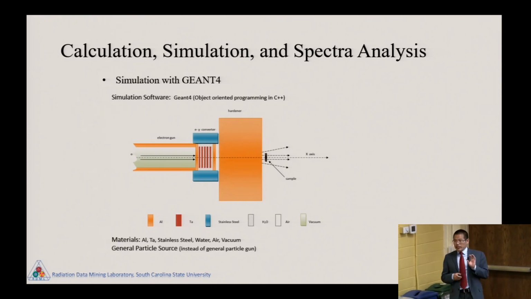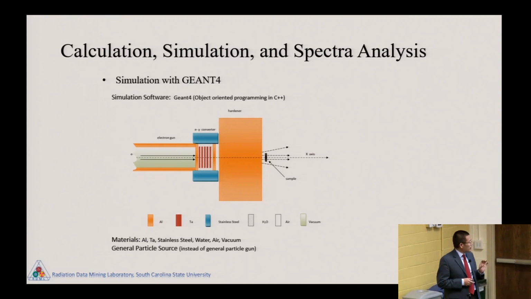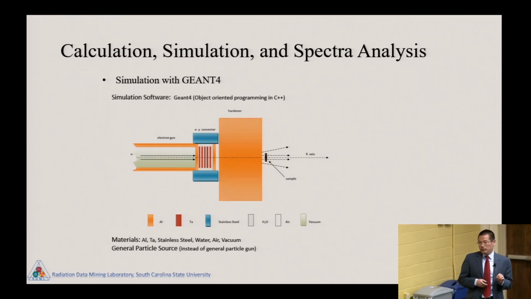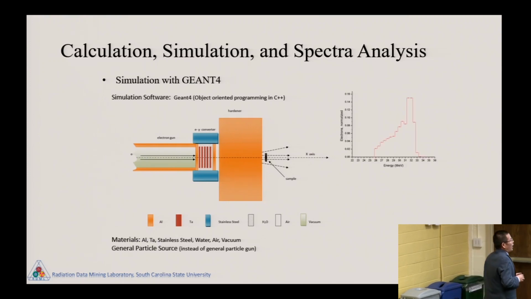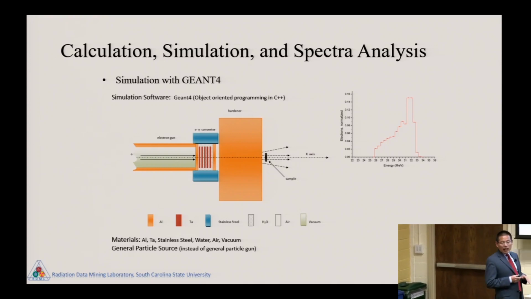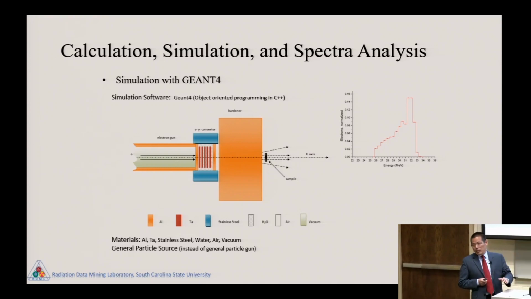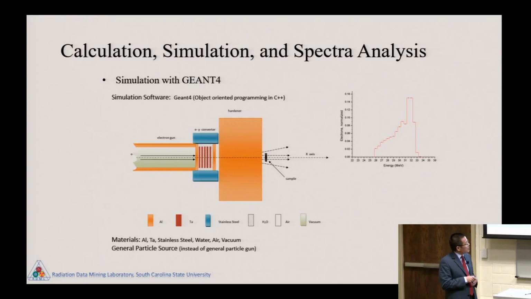And we use the general particle source instead of the general particle gun. In the Geant4 program, the default setup is the general particle gun. But we changed it to the general particle source because our electrons actually have an energy distribution. So they are not all the same energy.